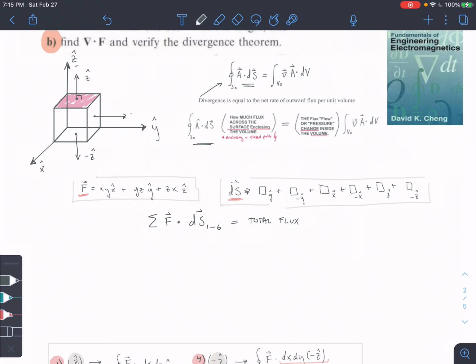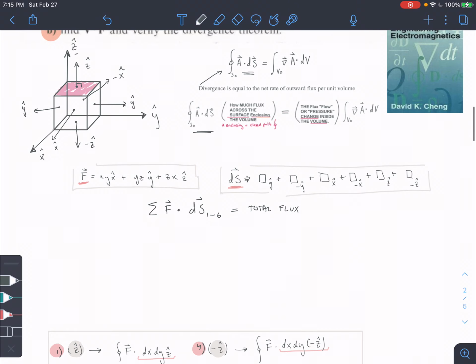Then we're going to have another one here at positive y hat, one here at negative y hat. These surfaces are just the surfaces of all of the sides of the cube. One here at positive x hat, and then one, excuse the drawing, it's a little hard to do behind here, at negative x hat.